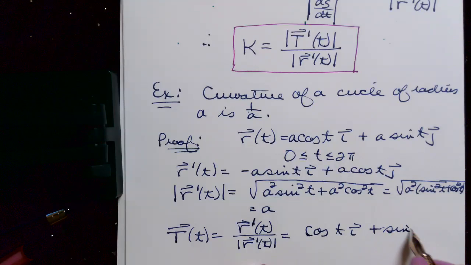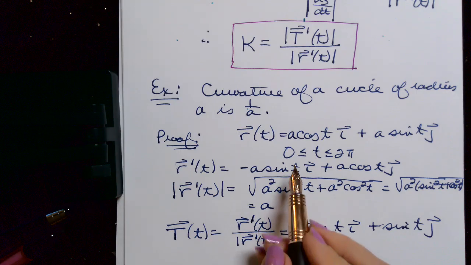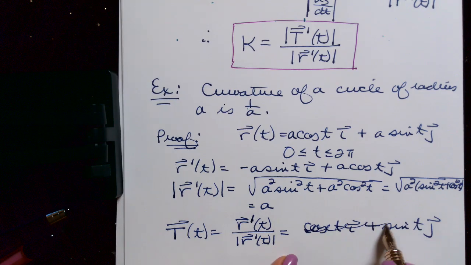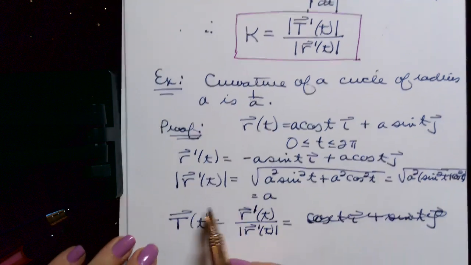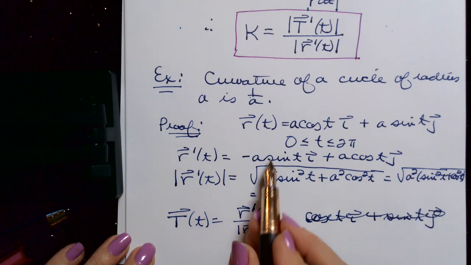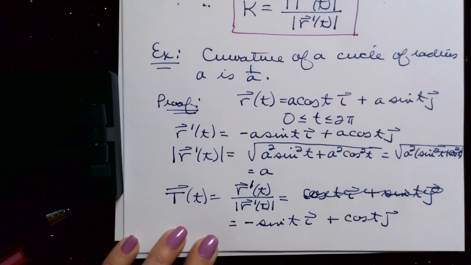I have to take r prime and divide by the length of r prime, so it's this one divided by a. So this becomes minus sine t i plus cosine t j. Okay, so that's capital T.